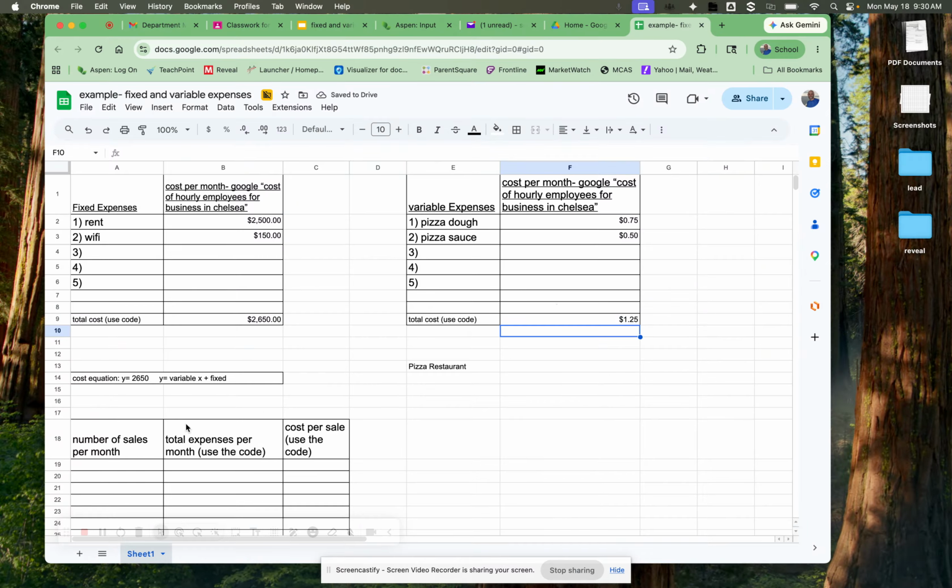And add them all up. And I'm going to put it over here. I'm going to have 1.25x plus, so there's my variable expenses and there are my fixed expenses. So this is the equation I'm going to be using.